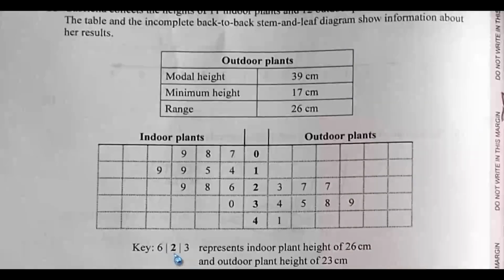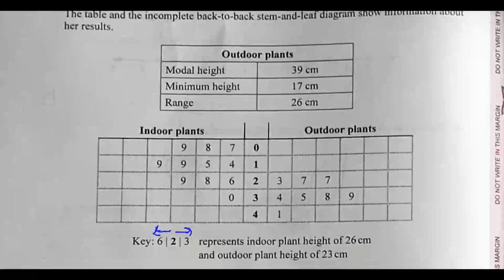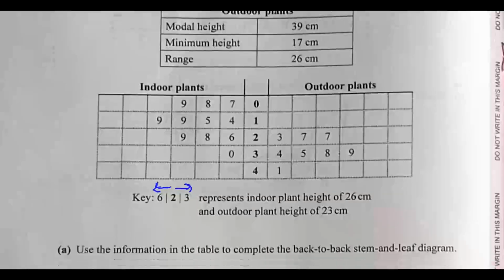So it represents, if you go like this, it will be 23, and if you go like this, it will be 26. Okay, so for the indoor, which is by the left hand side like this, it will be 26, and for the outdoor, the right one, that will be 23. Okay, so good. So what do we need to do here? So let's scroll down. Use the information in the table to complete the back-to-back stem and leaf diagram.